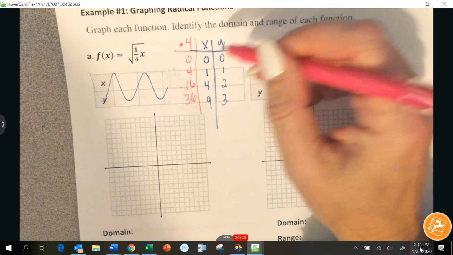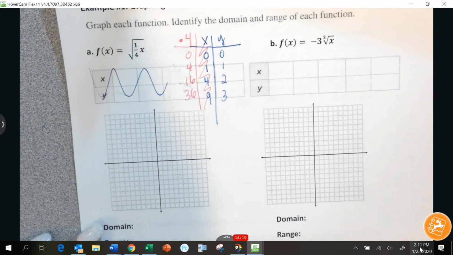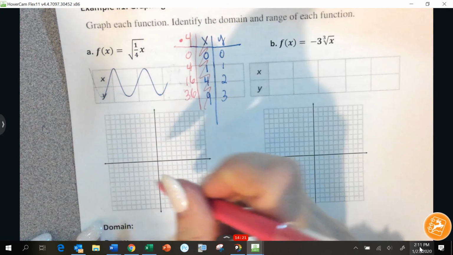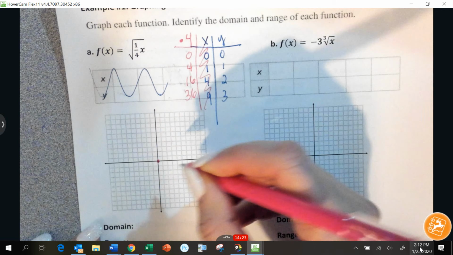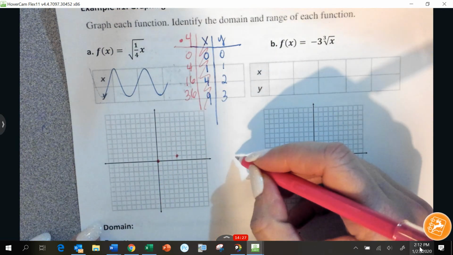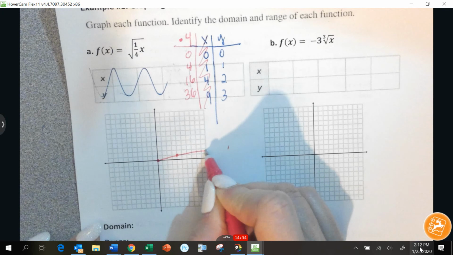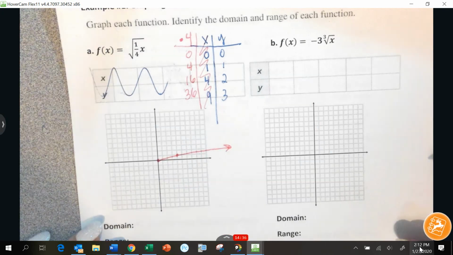Those are my only transformations, so I cross out my old x's. 0, 4, 16 is way out here. We just do our best to make it look good. Beautiful.